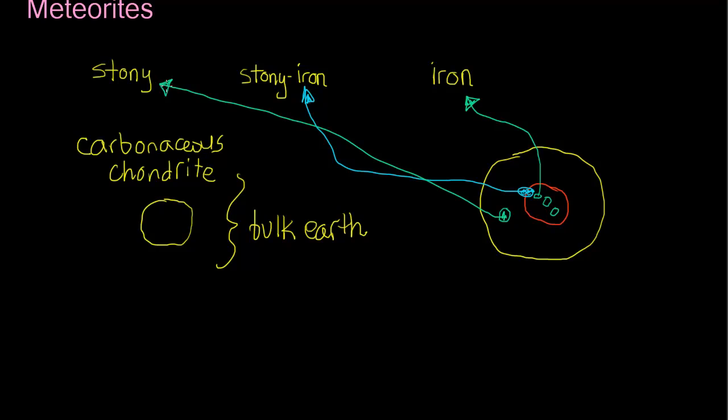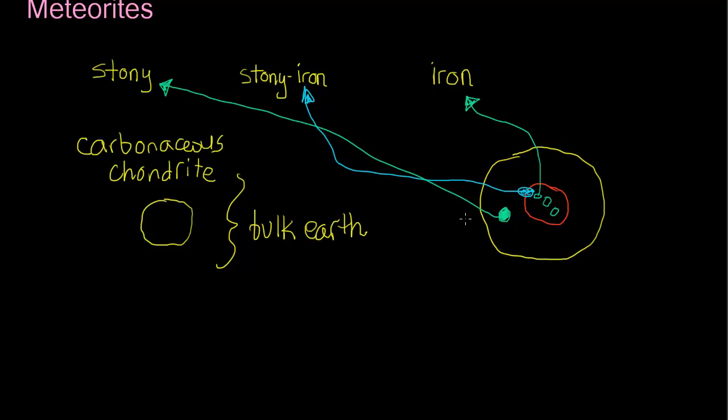Now, this is a little bit more complicated because, in fact, they don't exactly resemble what we think the mantle of the Earth looks like. But that's because these bodies might not exactly have been like the Earth, but nonetheless, they represent rocky material, iron poor material. They don't have iron metal in them. That probably came from the differentiated outer portions of these planetesimals after they differentiated. And these then represent the stony, differentiated stony meteorites.